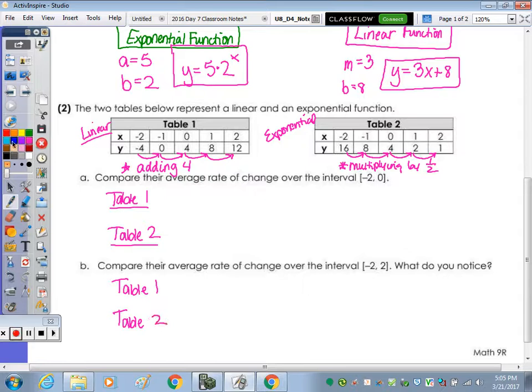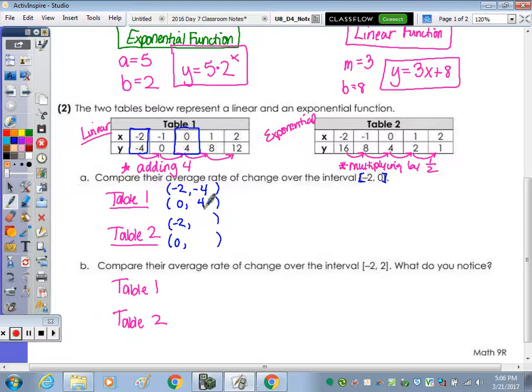The points we're looking at in table 1, remember from -2 to 0, so we're taking the 2 points that have an x value of -2 and 0. So in table 1, when x is -2, y is -4. When x is 0, y is 4.